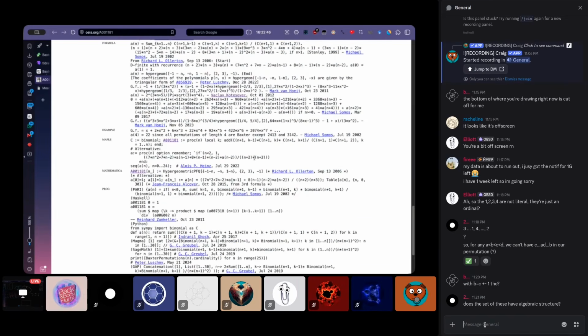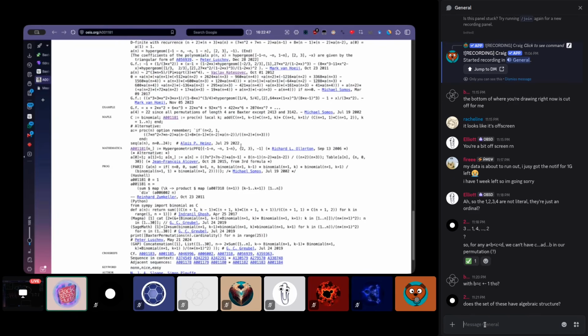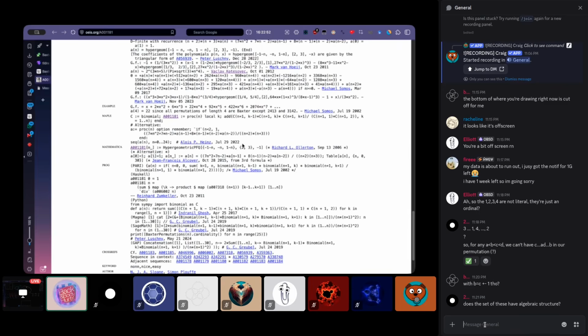So the asymptotics are much smaller than n to the power n. As we increase n, the chance of a random permutation being Baxter decreases hyper-exponentially, because n to the power n and 8 to the power n are two very different complexity classes.